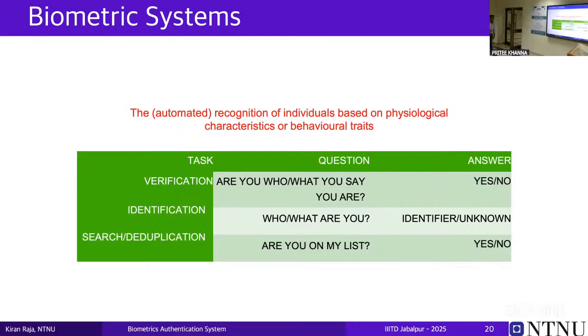Now, search and deduplication was a very critical problem in Aadhaar when the system was implemented, the whole authentication. What exactly happened during that time is that there were people, including me, who were traveling from one city to another city, so I could enroll in both of them. Which means there are two entry points.